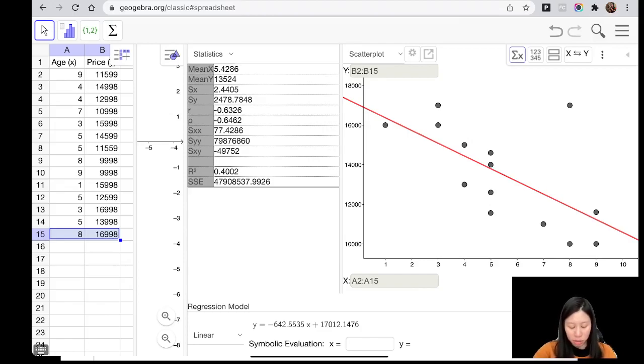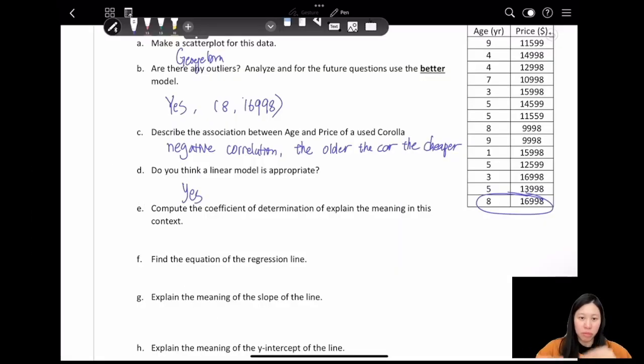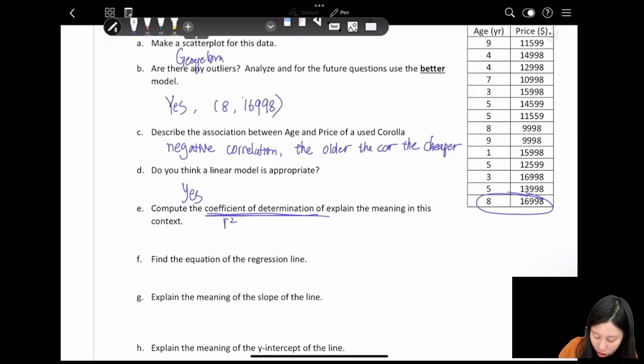Number E is compute the coefficient of determination and explain the meaning in context. So now let's look at R. The coefficient of determination is R squared. So from the statistics on GeoGebra, we know that R is equal to 0.865, and we square it. We have 74.96%.